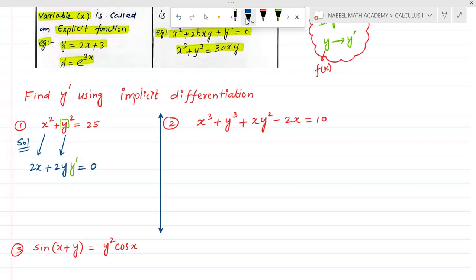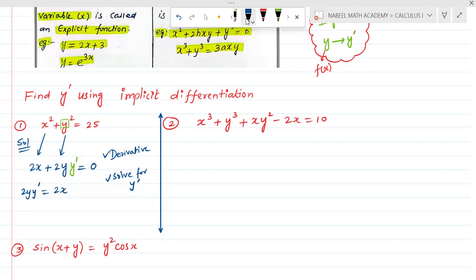It's a constant. Once the differentiation is done, the next step is you have to solve for y prime. I need y prime on one side and will move the other term to the other side.